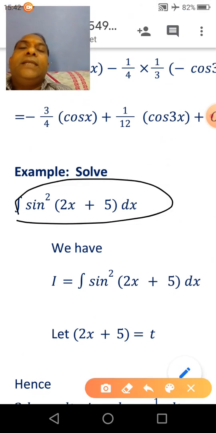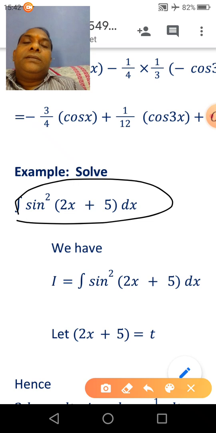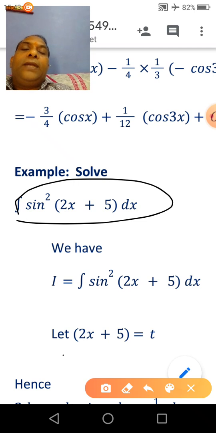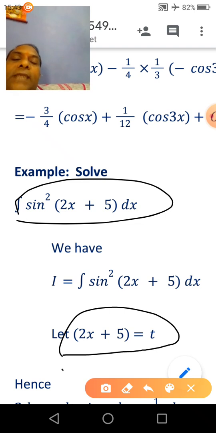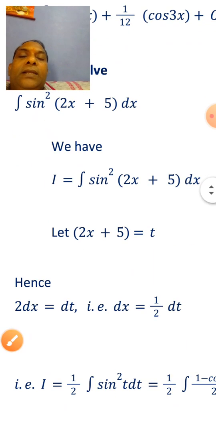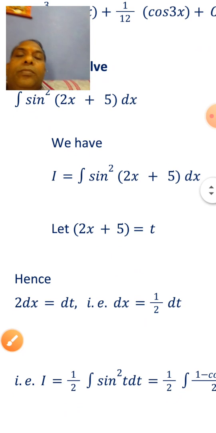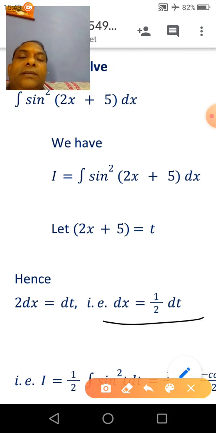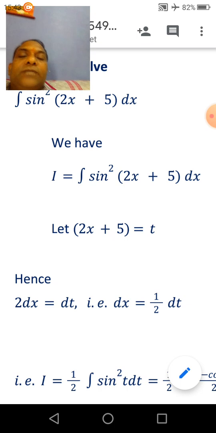Next question. Integrate sine square 2x plus 5 dx. Clear? So let 2x plus 5 is equal to t. Then 2 dx will be equal to dt. Then dx will be equal to 1 by 2 dt. So put the value of dx and 2x plus 5.